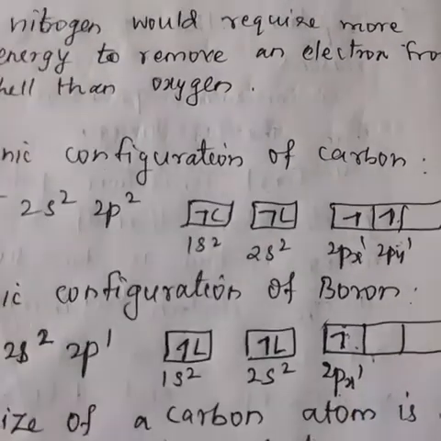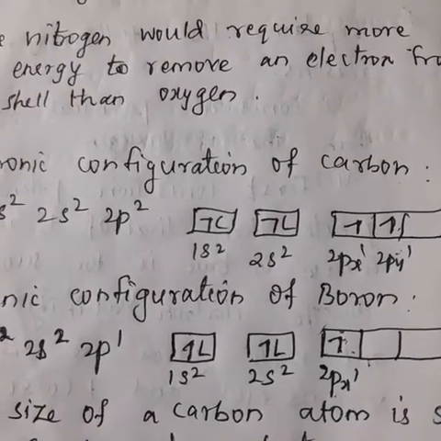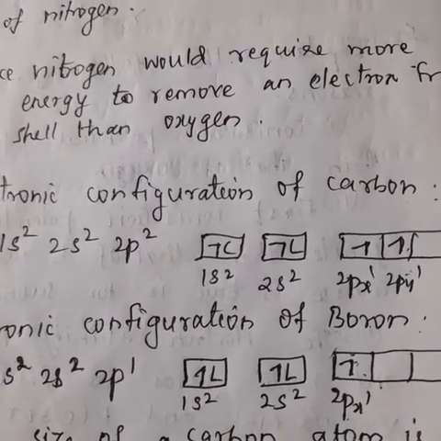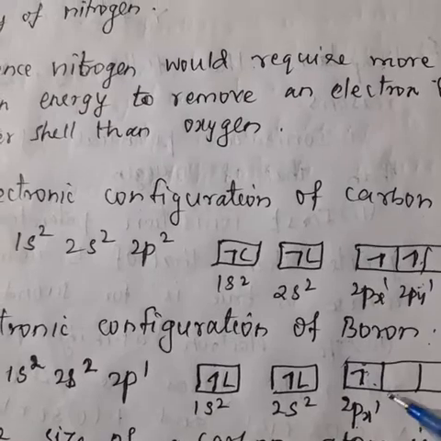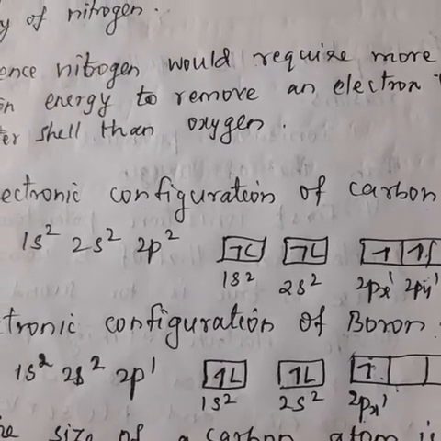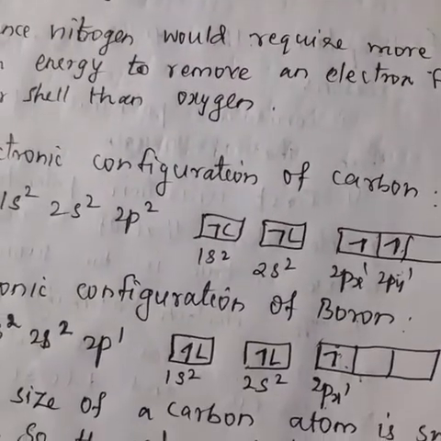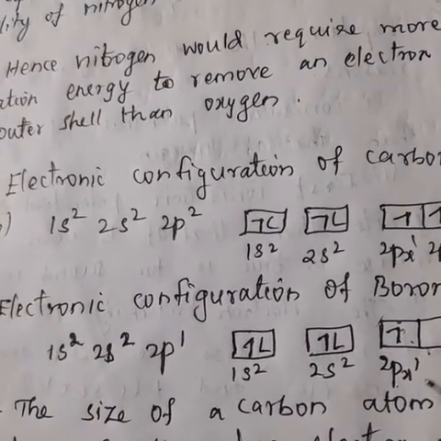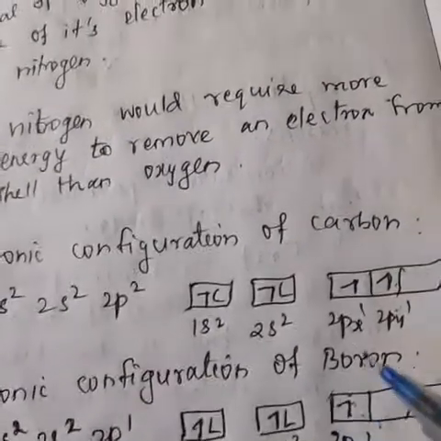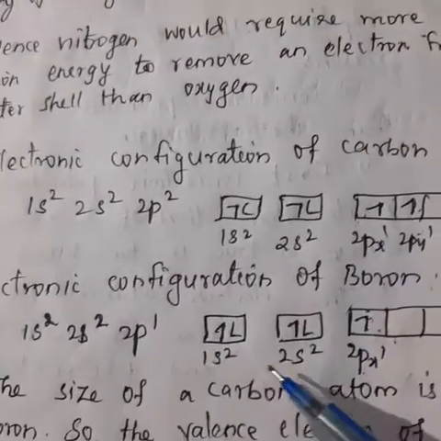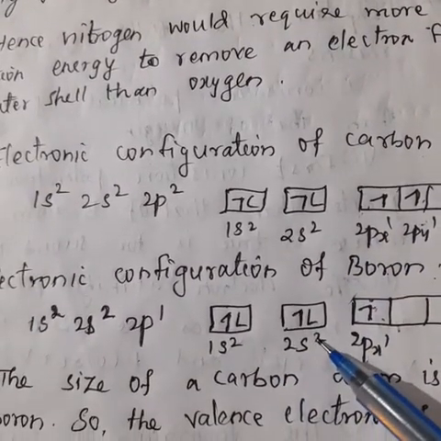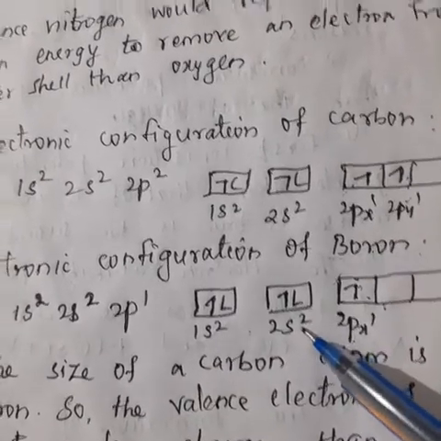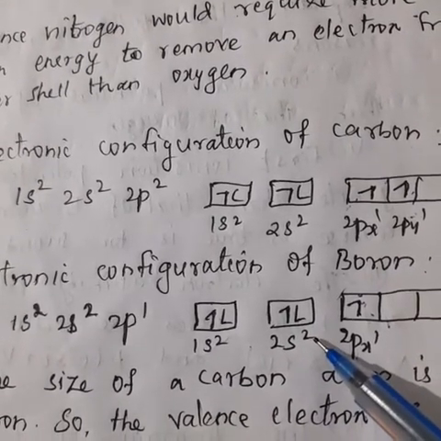So ionization energy will be lower than for the carbon atom. But the second ionization energy: first ionization, carbon becomes carbon plus, boron becomes boron plus. Here the carbon atom has 1s2 orbital with 2 electrons, 2s orbital with 2 electrons, and one 2px electron. But boron plus has 1s2 2s2 orbitals only, no 2p orbital.